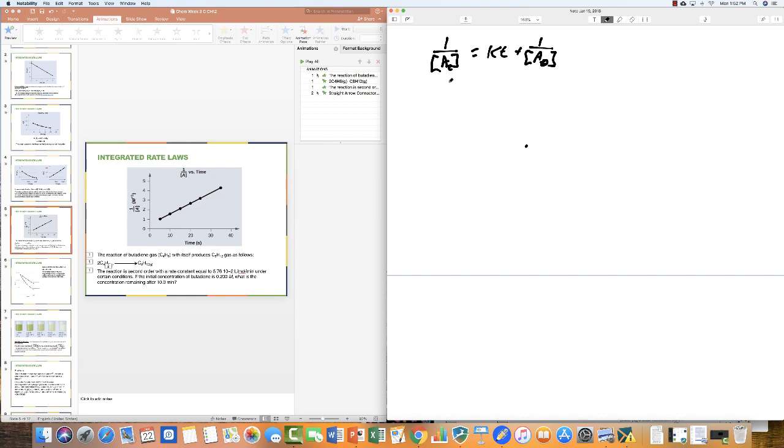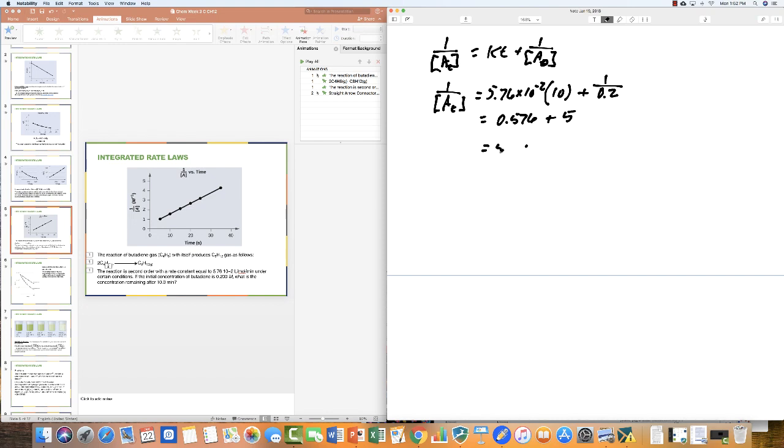From this problem, 1 over the concentration of A at time t is equal to the given rate constant, 5.76 times 10 to the minus 2, times the time that's given, 10 minutes, plus 1 over the initial concentration, which is 0.2 molar. This is going to equal 0.576, because you multiply that by 10, plus 1 over 0.2, which is 5.